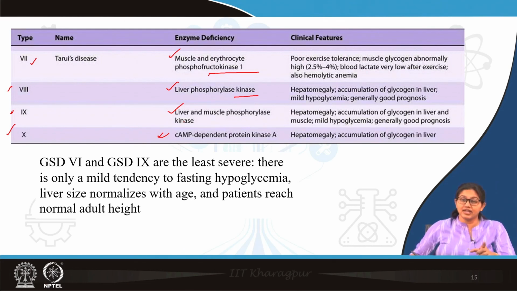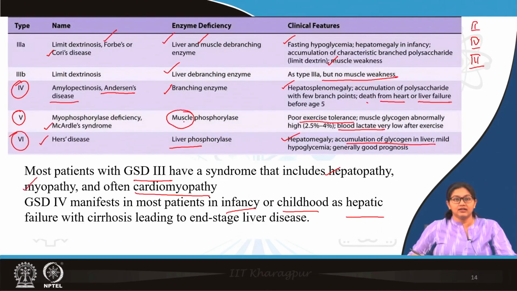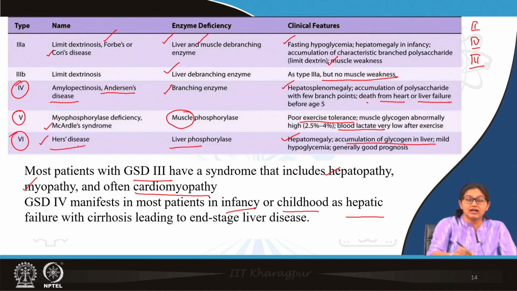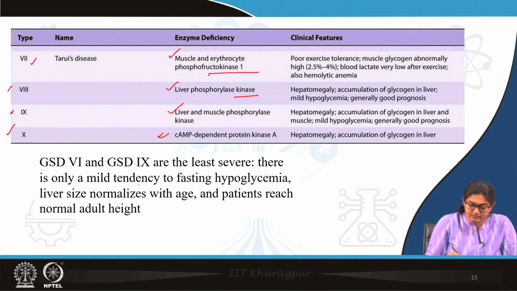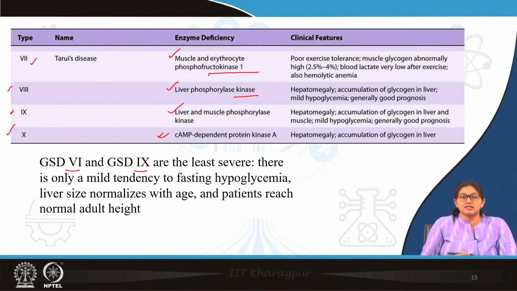Now, type 6, Hers' disease, which we discussed in the last slide, and here type 9, they are the least severe forms of glycogen storage disorder with a mild tendency to fasting hypoglycemia.